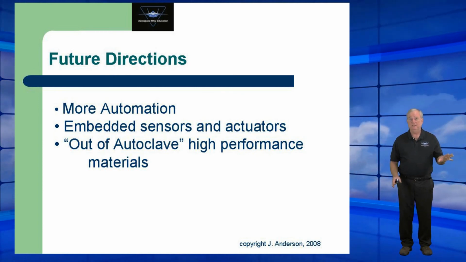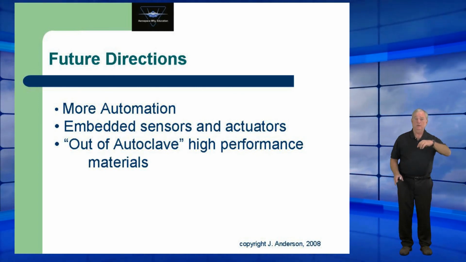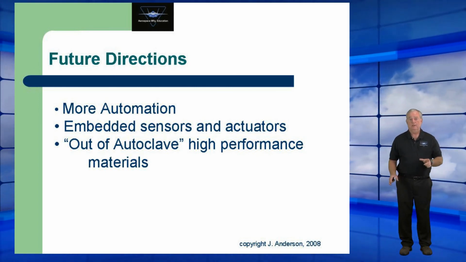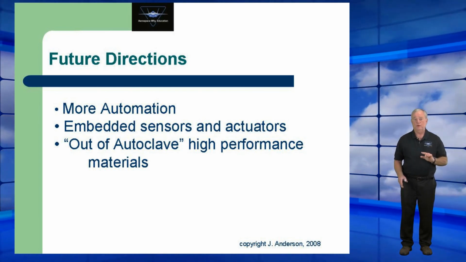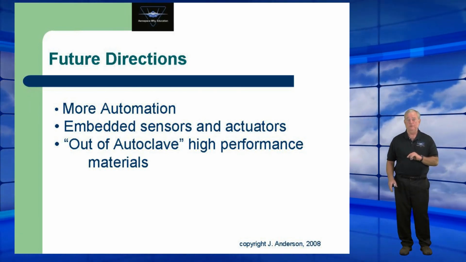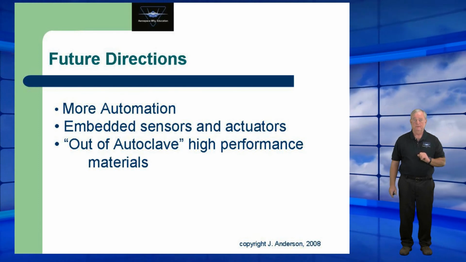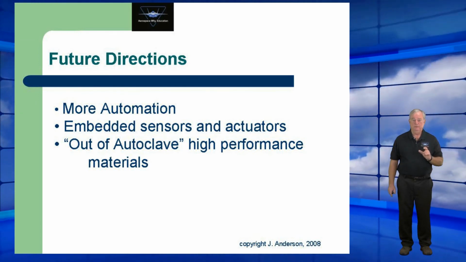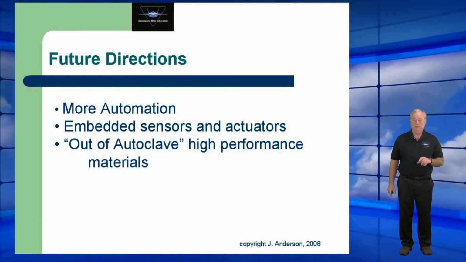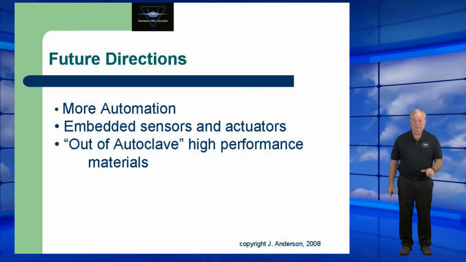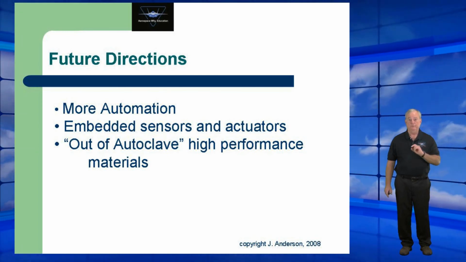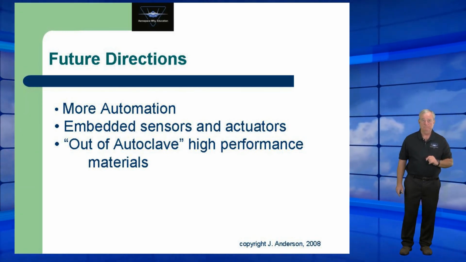So we can embed sensors directly into the part at the stress risers and be able to track that and make more efficient use of the parts. And we can do this because it's a fairly low temperature manufacturing process to cure the resins out.